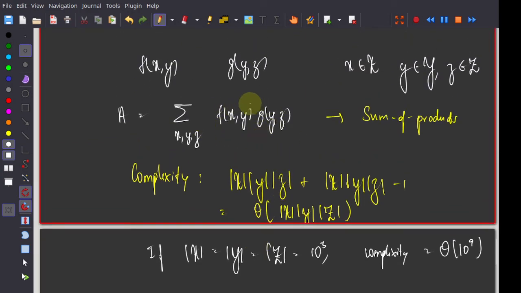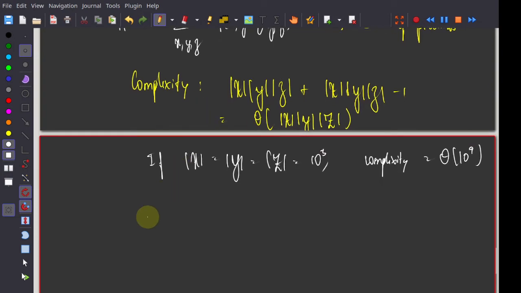The advantage over here is that f and g are not both functions of x, y, and z. So f depends only on x and y, and g depends only on y and z. So let me try to use the distributive law over here.